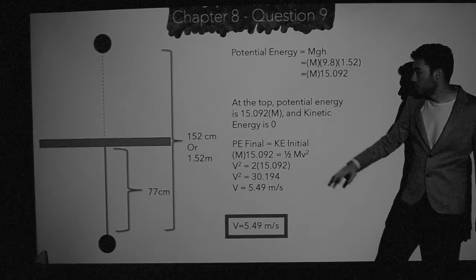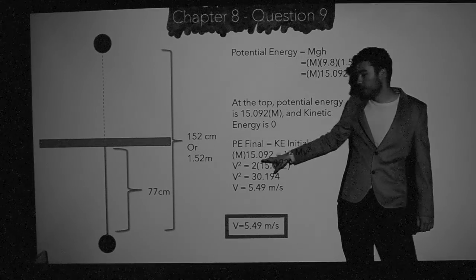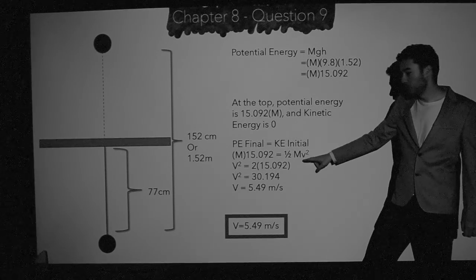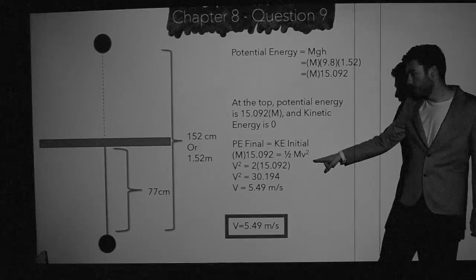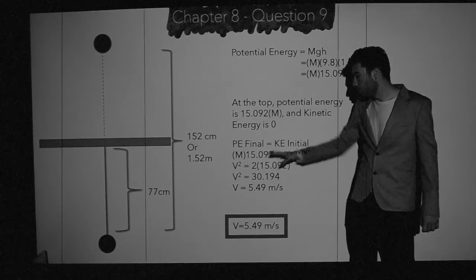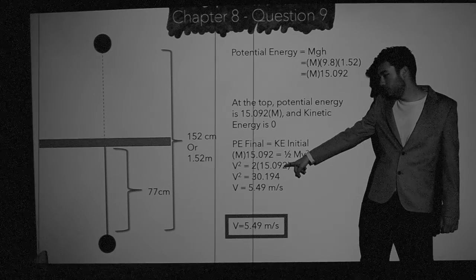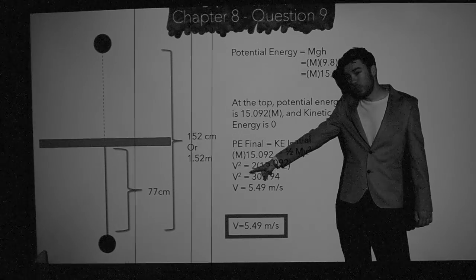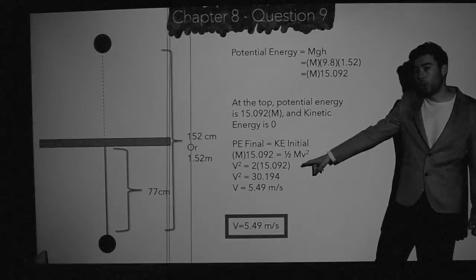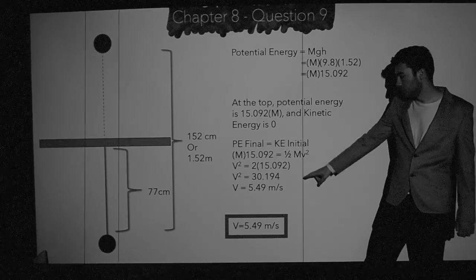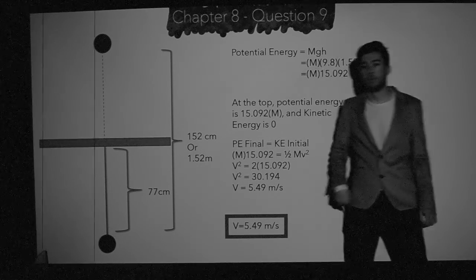So m times 15.092 equals 1/2 mass times velocity squared. When we rearrange it, we get v squared equals 2 times 15.092. V squared is equal to 30.194, or v equals 5.49 meters per second. And that's going to be your answer.